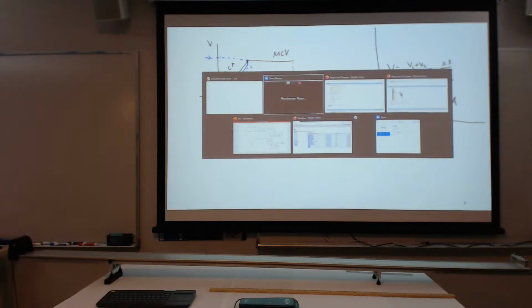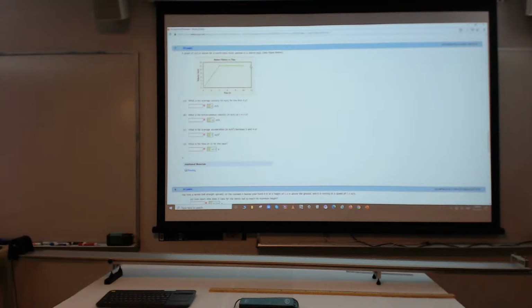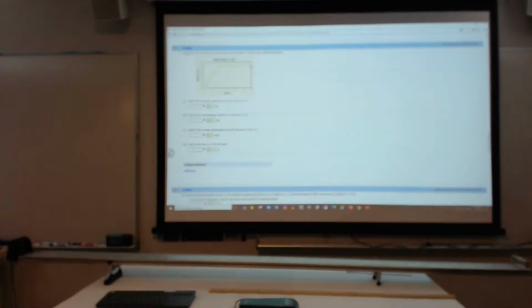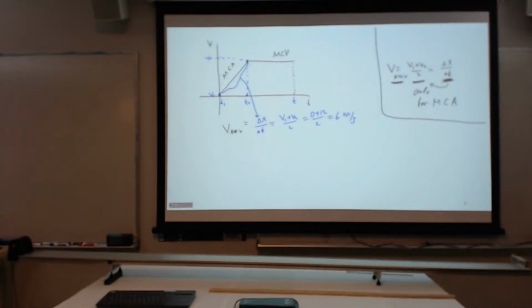The graph is not very visible, but if you could use a ruler, you would see that this line doesn't hit 10. It's a little bit longer. So to calculate that time accurately, you would need to know the total displacement for the first 4 seconds, from 0 to 4.